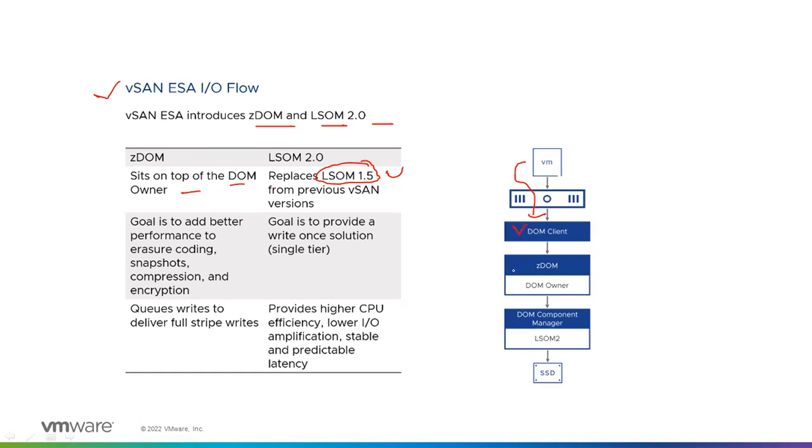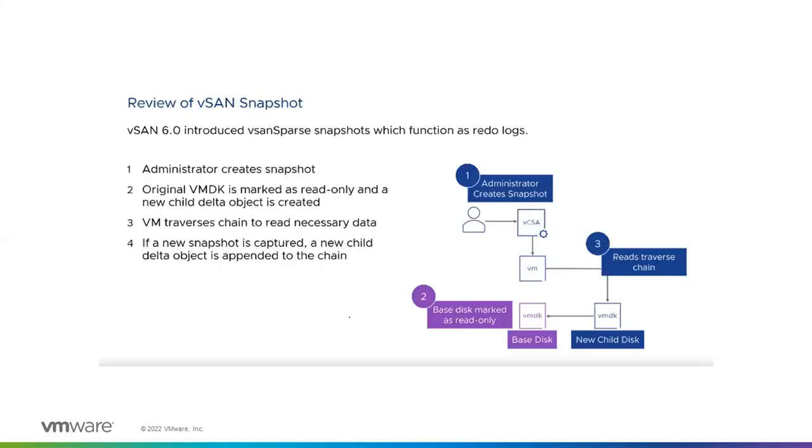Then the DOM client takes it, then ZDOM is the DOM owner and DOM component manager. This is what locally writes the data inside my flash drives. So somewhere I'm getting faster data read and write as compared to the previous architecture.